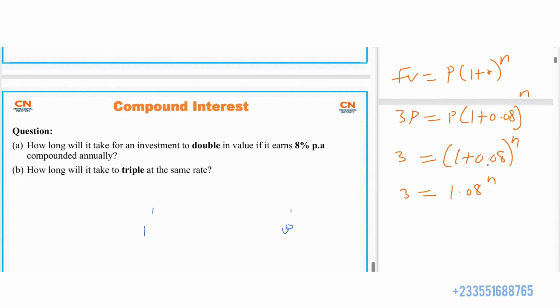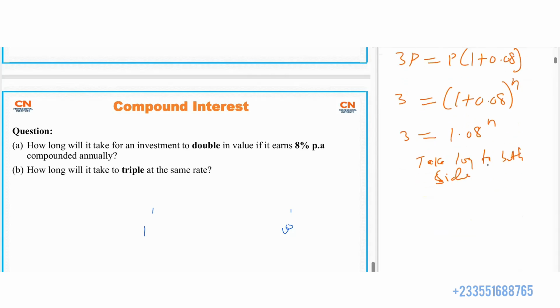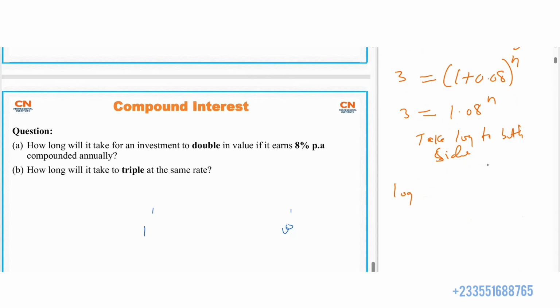Then the same, we take log to both sides. Taking log to both sides, we are going to have log 3 is equal to log 1.08 raised to power n. So log 3 is equal to, then we bring the n down, so it will be n log 1.08, and this rule is from log. Okay, it's a rule of log.